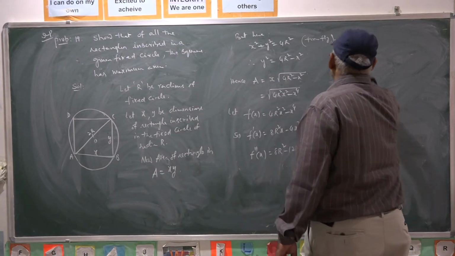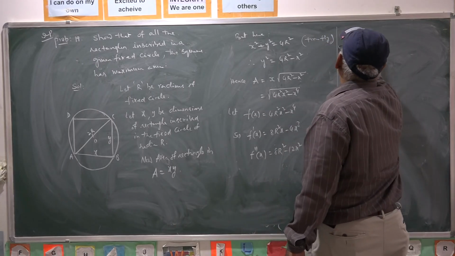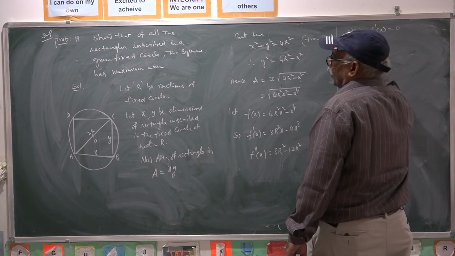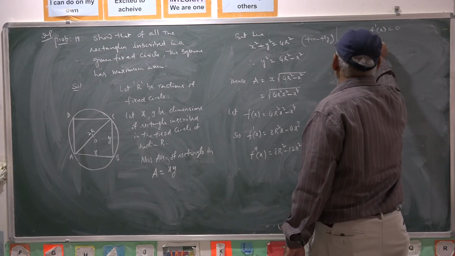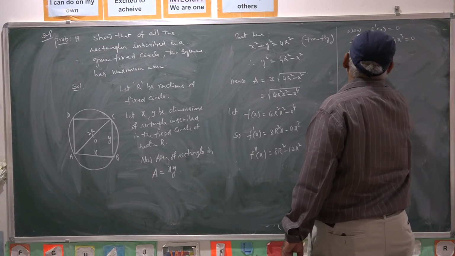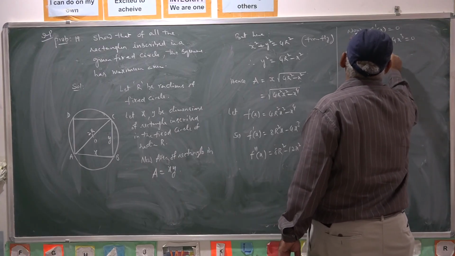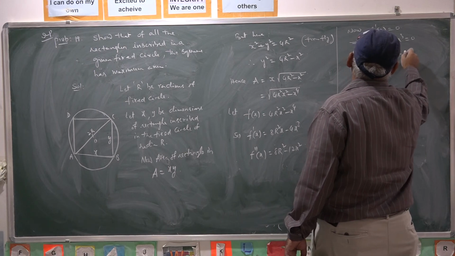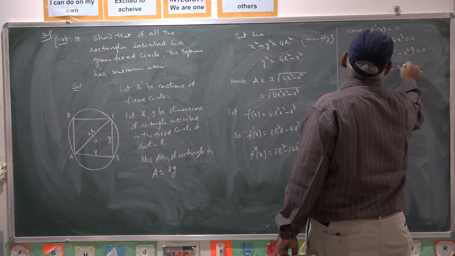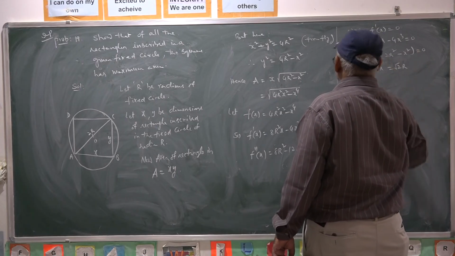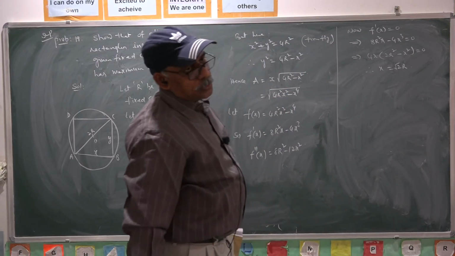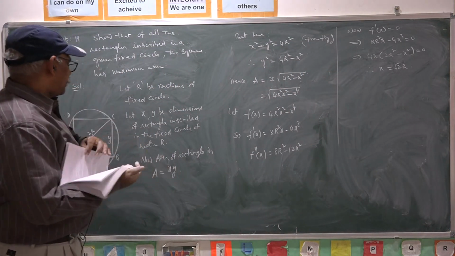F dash x equal to 0 implies 8r square x minus 4x cube is 0, which is 4x into 2r square minus x square equal to 0. So x takes the value root 2r, or x equal to 0, but x cannot be 0.